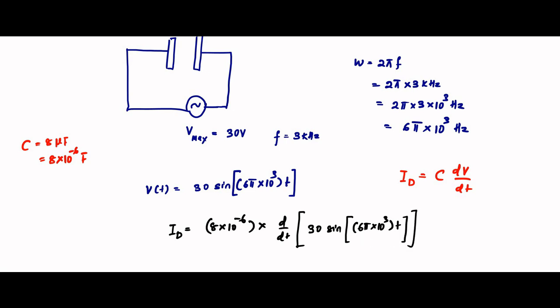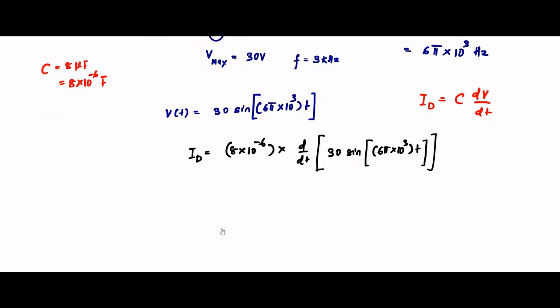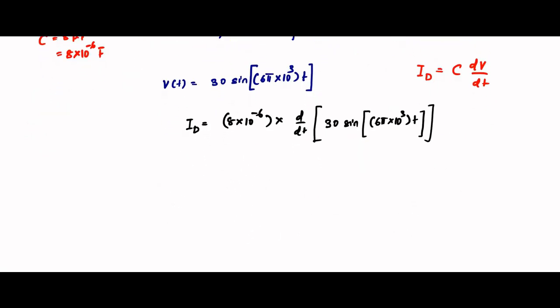So this becomes 8 into 10 to the power minus 6 into 30, which is constant, so it comes out, then again 6 pi into 10 to the power 3, then derivative of sine is cos, so cos 6 pi into 10 to the power 3 t.